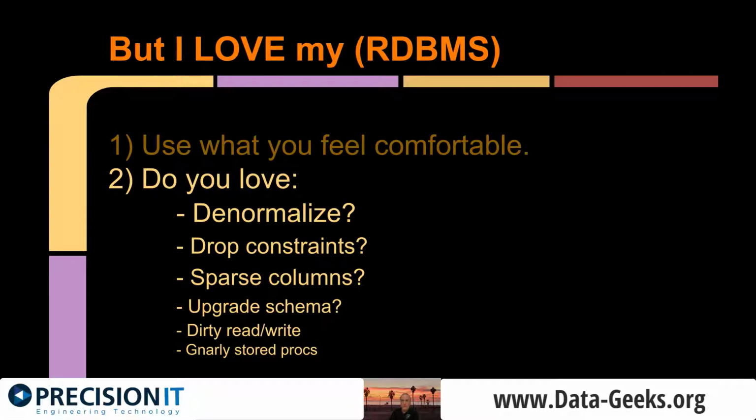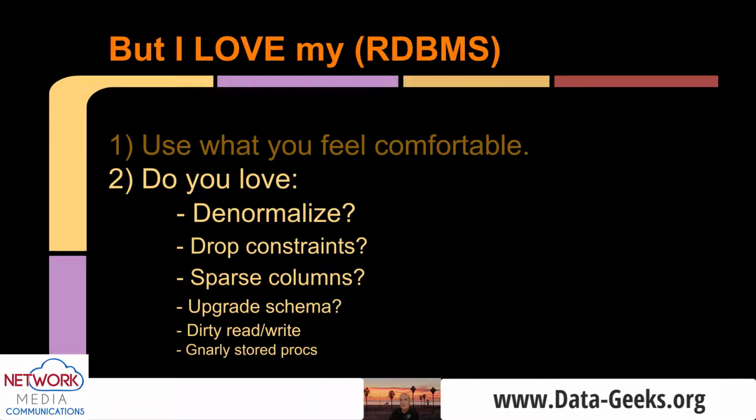The table has to be defined with all the fields we need. Or we had trouble upgrading schemas where it took hours or days to add a column or change column types or do things like that with relational databases.